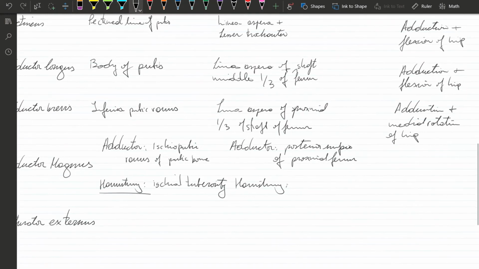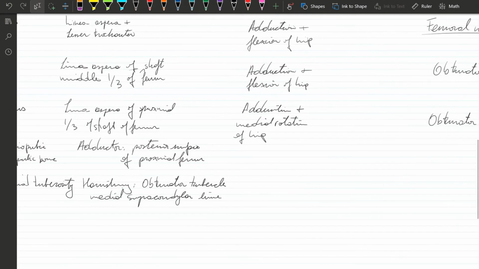And the hamstring is actually going to have two insertions. One is going to be the adductor tubercle and the medial supracondylar line. They're both located at the distal end of the femur.